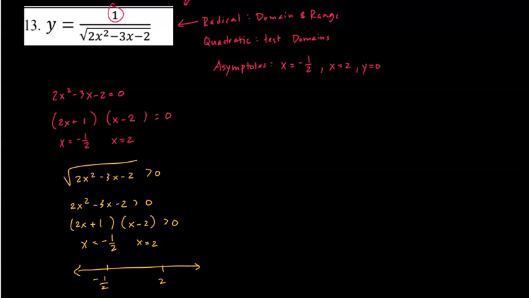One of the things that you should be able to recognize is that greater than means that it's going to be the outer two intervals right here. When you multiply those two, it's going to be the parts that are greater than. I could test a point here, x equals 0. We have a positive multiplied by a negative, right? I'm just putting that 0 back into those two factors.